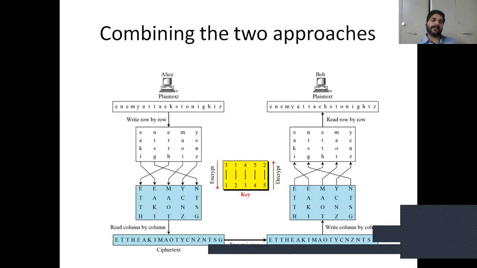After applying this key, the encrypted message is formed like that. This encrypted message is transmitted with the help of an insecure channel.